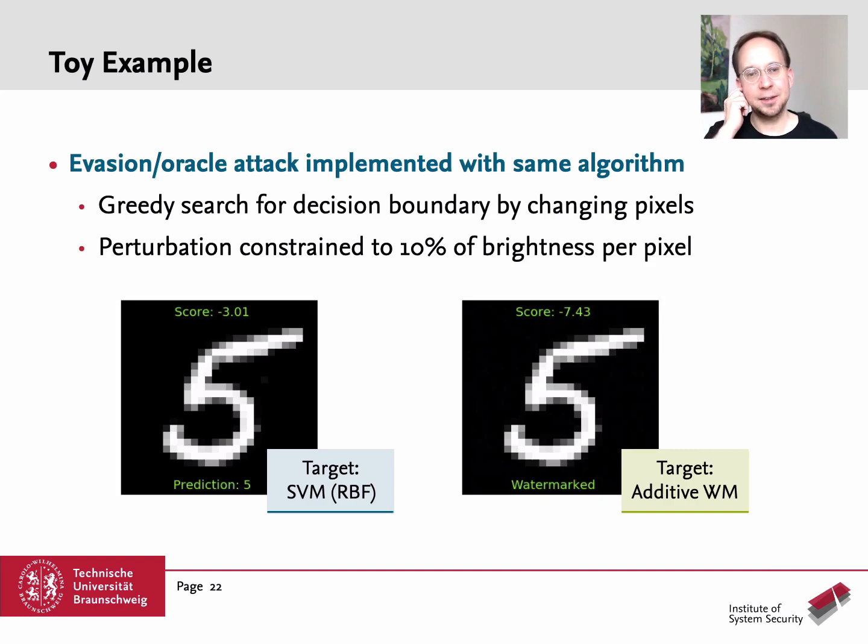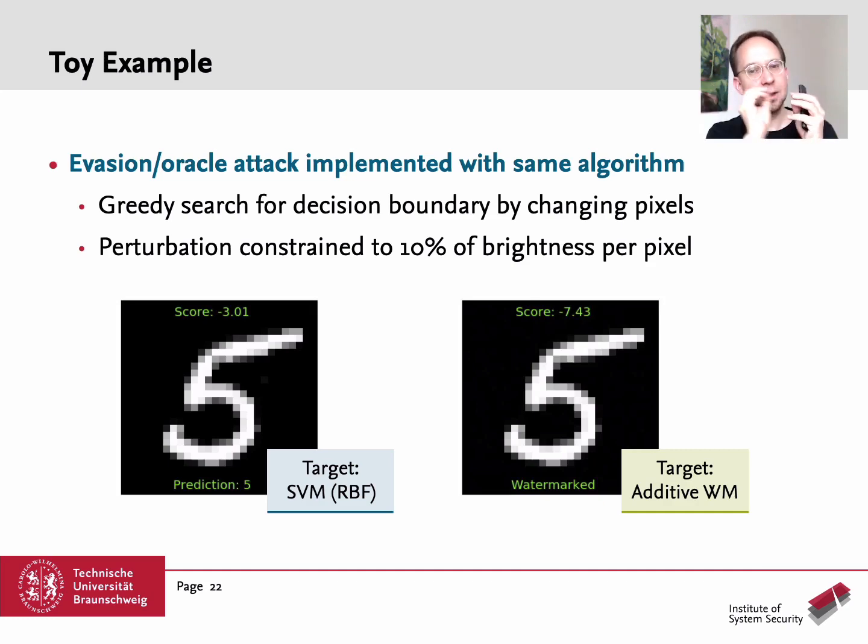So let me explain how the attack works, and then we look at an animation showing how it proceeds. So the attack is the following. I take the image of a 5. I go through all of the pixels and add a little bit of color to it, or I remove a little bit of color from it. And whenever I'm doing this, I'm measuring, am I moving towards the decision function?